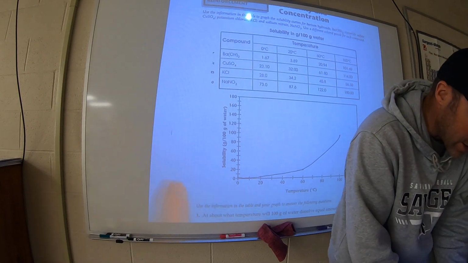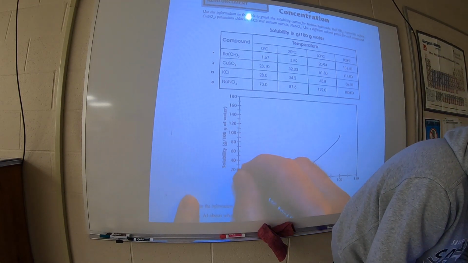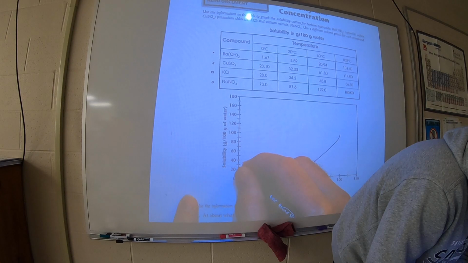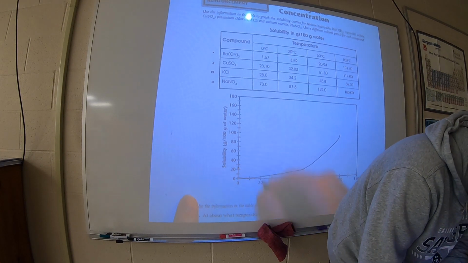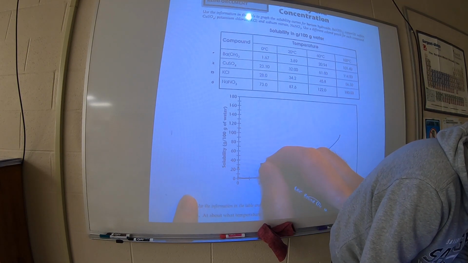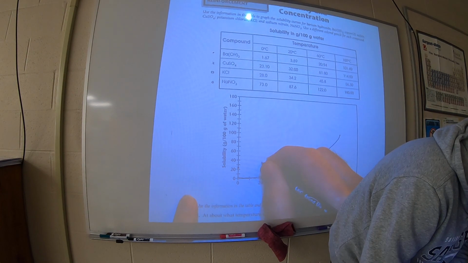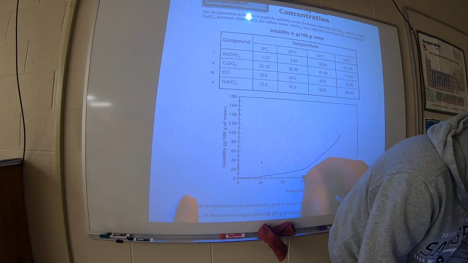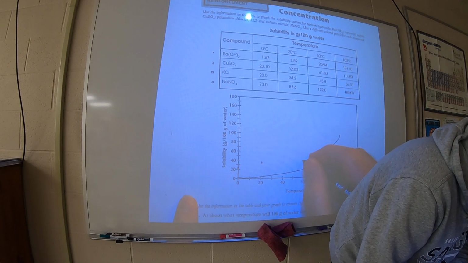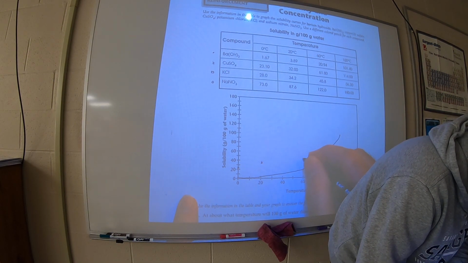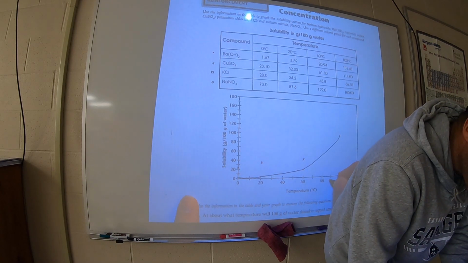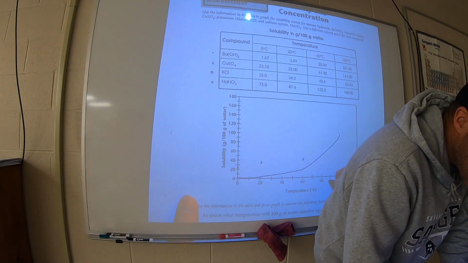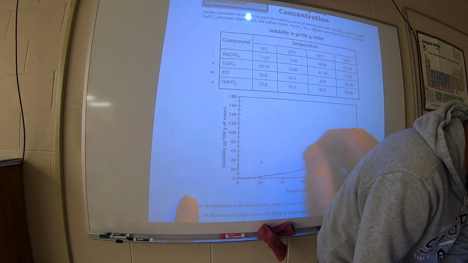For copper sulfate at 0, it's 23.1, so I'll put an X there. At 20, it's 32. Oops, I messed that one up.